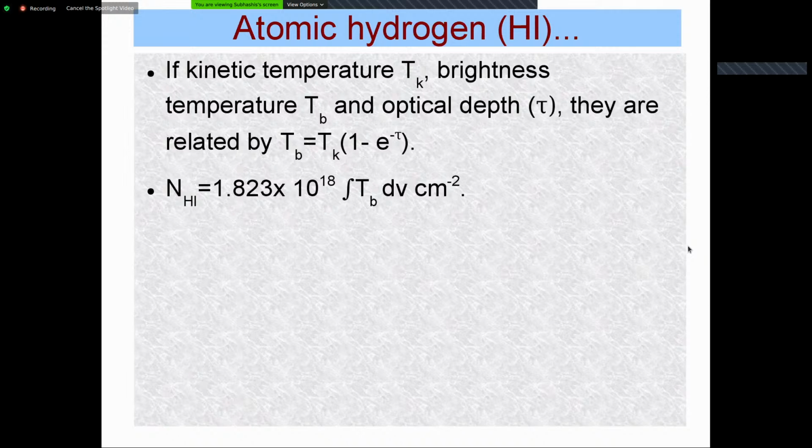It can also be shown that for atomic hydrogen, the column density N_HI is equal to 1.8 into 10 to the power 18 times the integral of TB dV per cm square. So that is the brightness temperature times the velocity interval, and you are doing an integration over that.